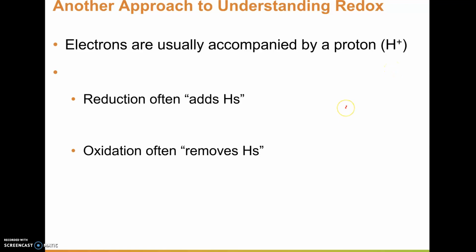And so if you remember that a hydrogen is a proton in the center and an electron in the sort of cloud. And so often when we see a molecule that has a hydrogen as a part of the molecule, that molecule is said to have been reduced because along with the proton, the molecule also has an electron.